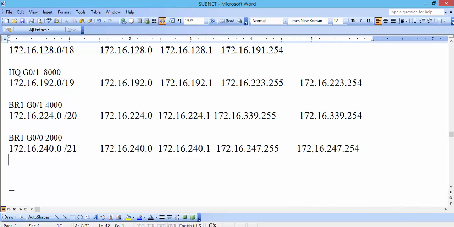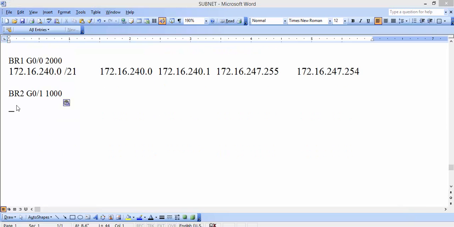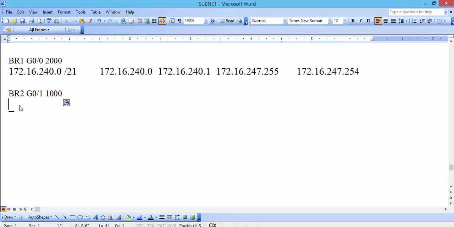Now we move on to branch 2. For branch 2 gigabit 0/1 for 1000 hosts, we get the network address 172.16.248.0, and it's /22 for 1000 hosts.